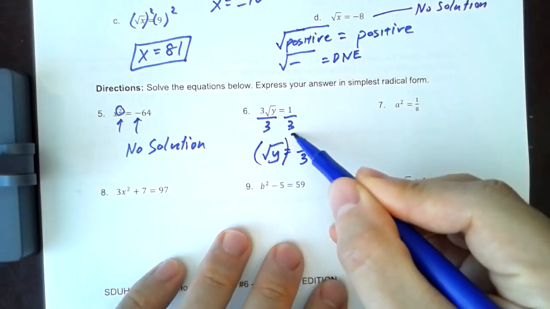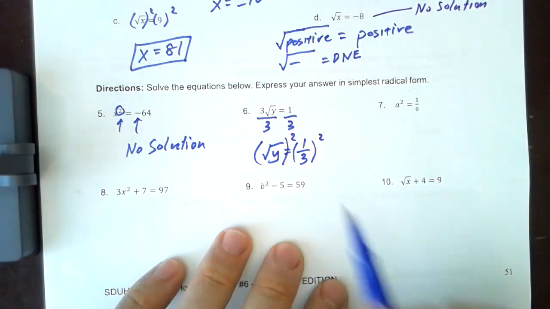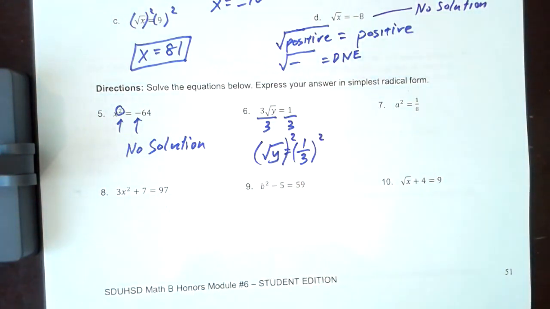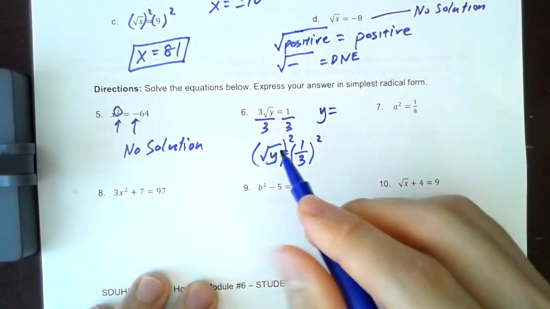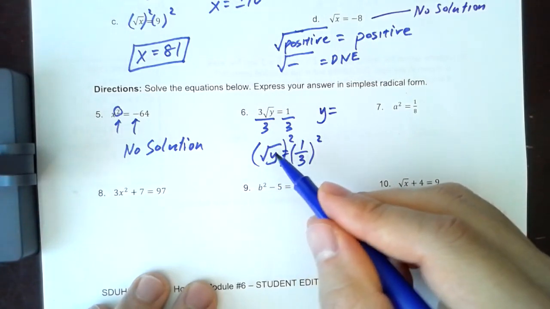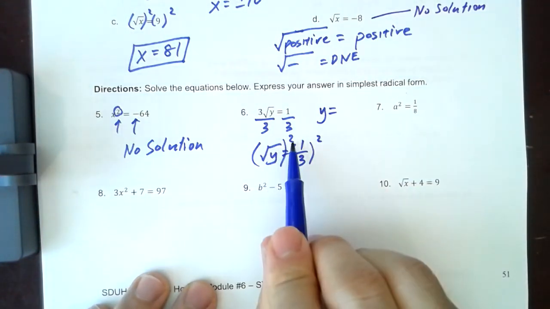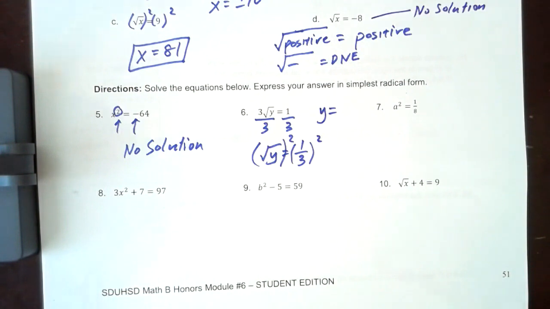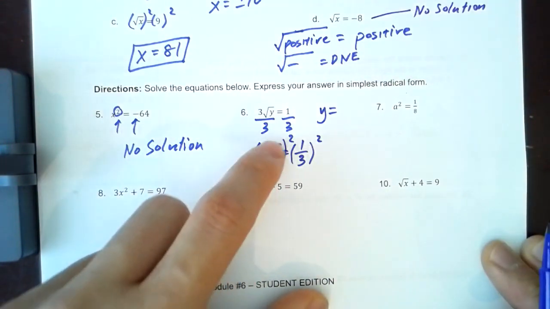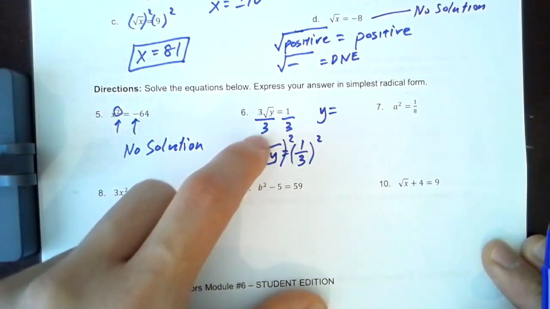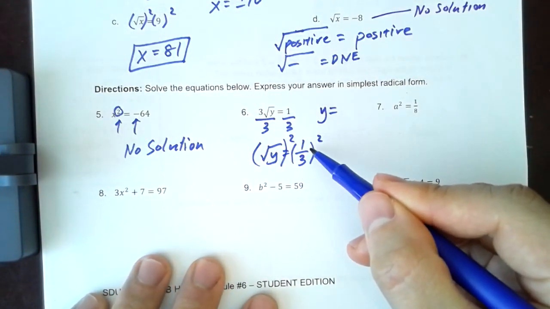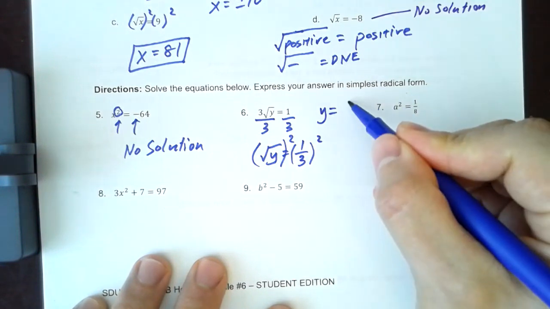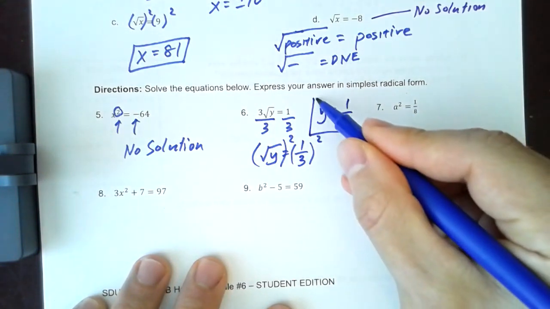So then now we just square both sides of the equation to cancel out the square root. Remember, our goal is to always isolate the variable. So if we have the variable with a root on top, we have to destroy the root by a square. You have to cancel out the previous operation with a new operation. These two are inverse operations. So your y value is really just 1/3 times 1/3, which we know is 1/9.